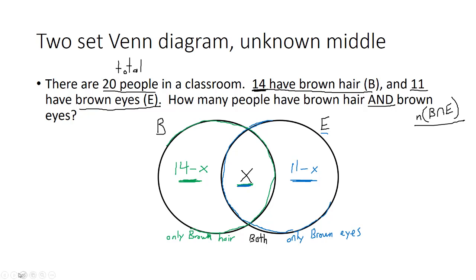What we really get here is, since we have the total, we can build an equation now that we've built these expressions. The people that have only brown hair, 14 minus X, plus the people that have both brown hair and brown eyes, X, plus the people that have only brown eyes must be equal to the total number of people in the classroom.